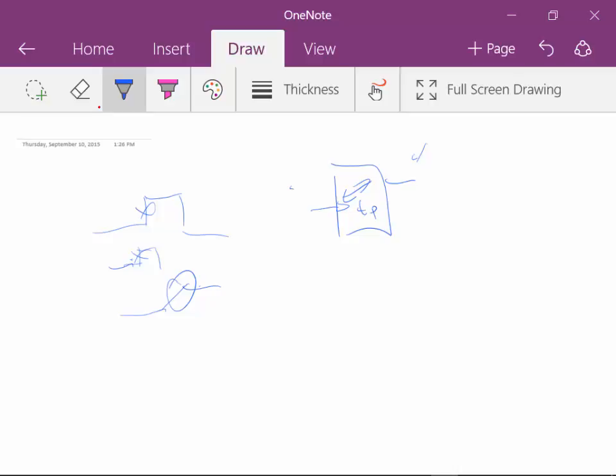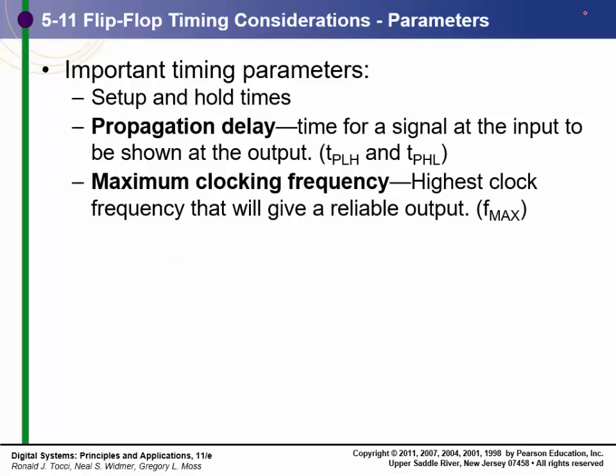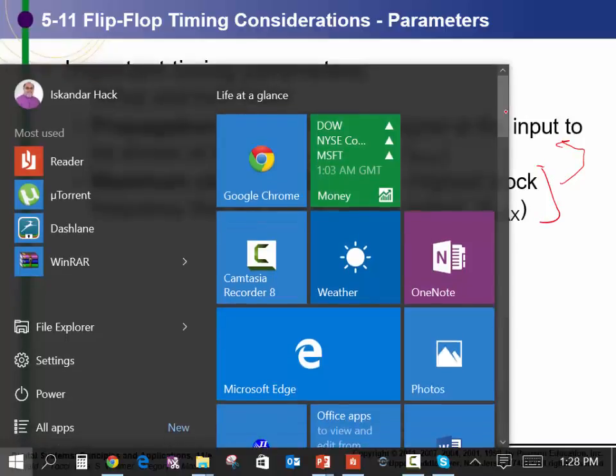And this has got to be stable for so long before the next clock edge. So those two times added up have to be less than the time to the next clock edge. That goes right back to this maximum frequency, and those are really tied back to these two parameters.